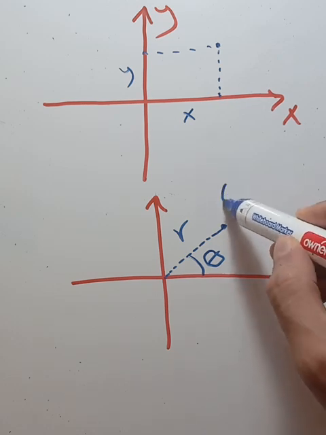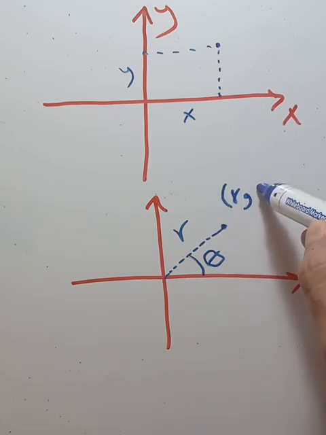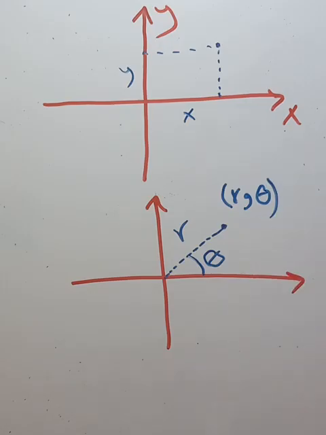So r and theta are the coordinates of points in the polar coordinate system.